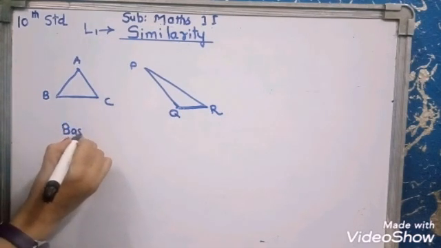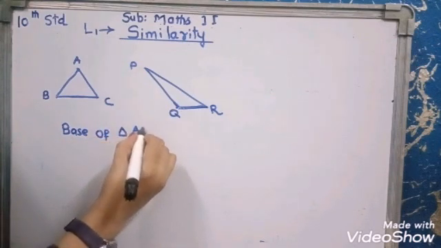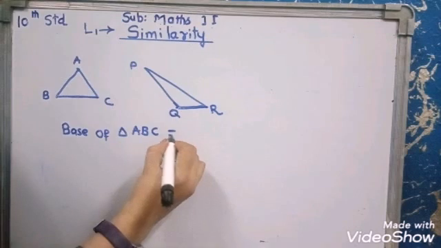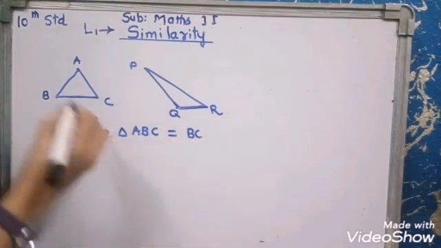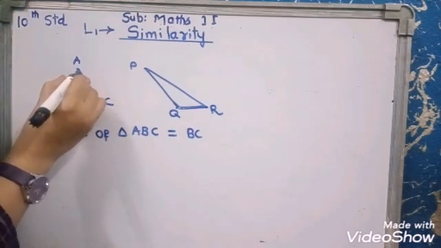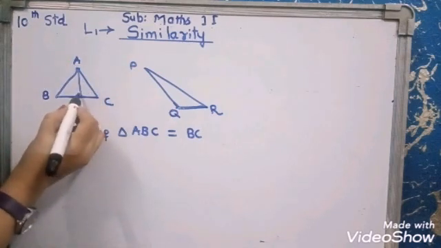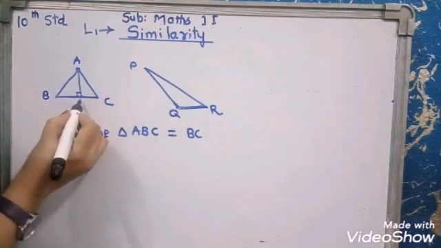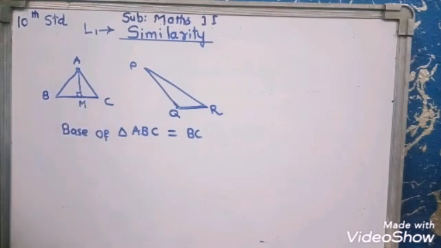Base of triangle ABC is equal to side BC. Now if we draw a perpendicular from vertex A to base BC and name this point as M, then AM is called the altitude.